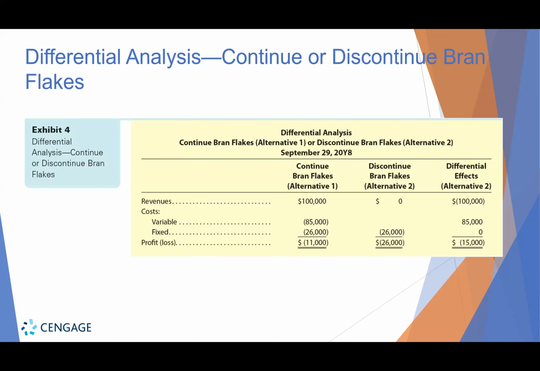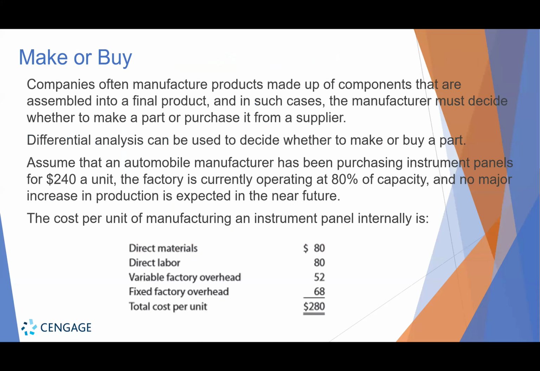So as you see here, by discontinuing bran flakes, we would have a loss of 26,000. But if we continue with the bran flakes, we do have a loss of 11,000. But ultimately, if we discontinue it, just because of our fixed cost, we're going to end up incurring a larger loss overall.